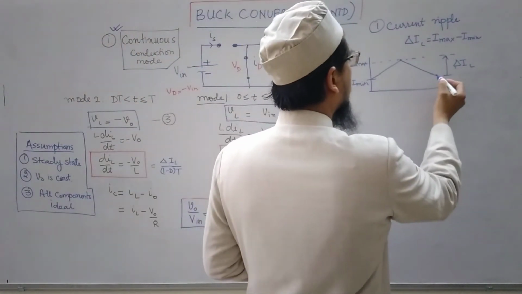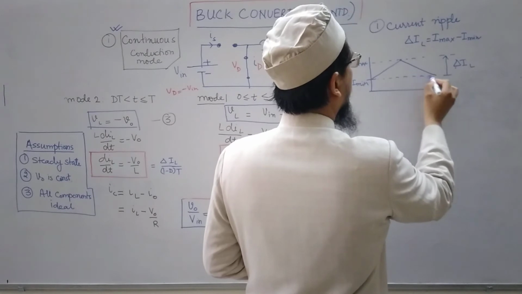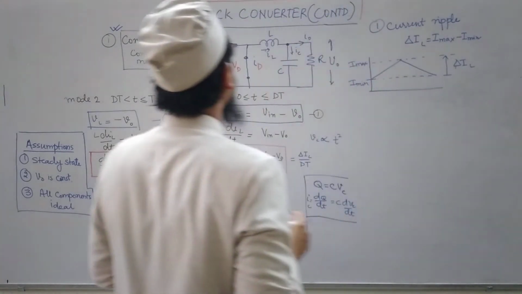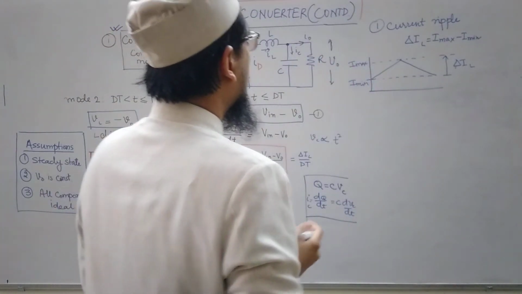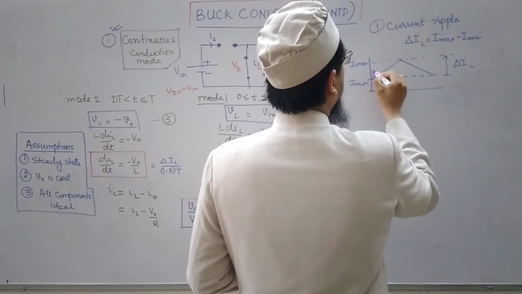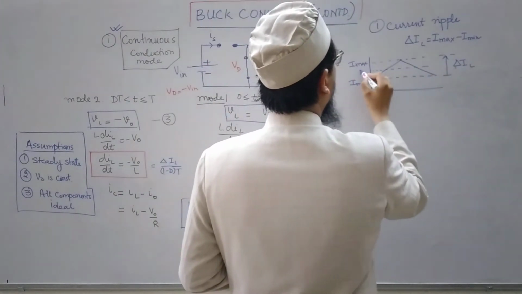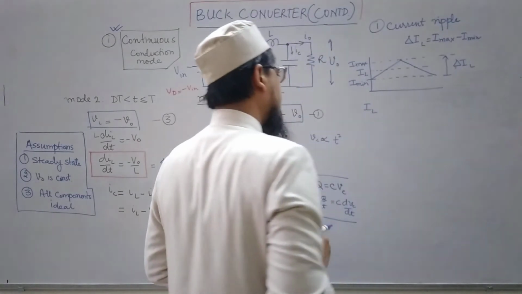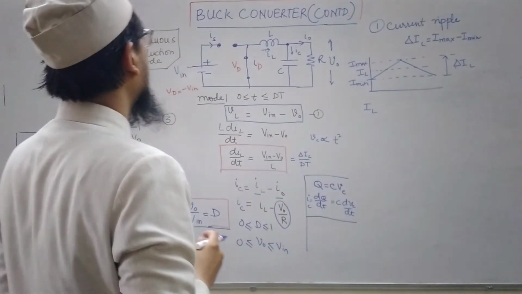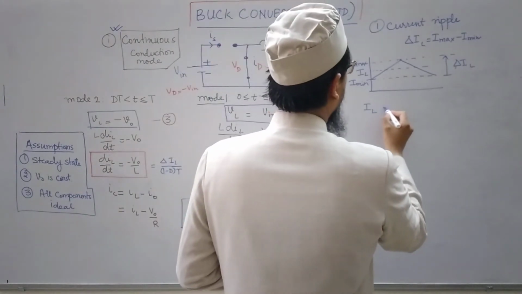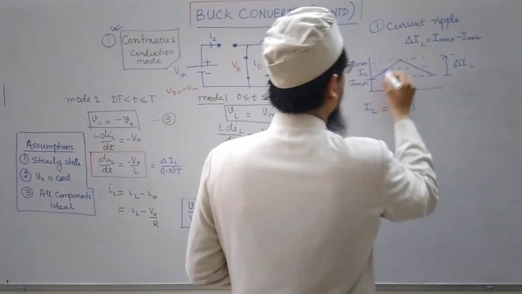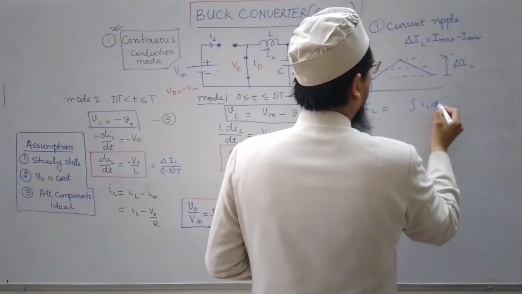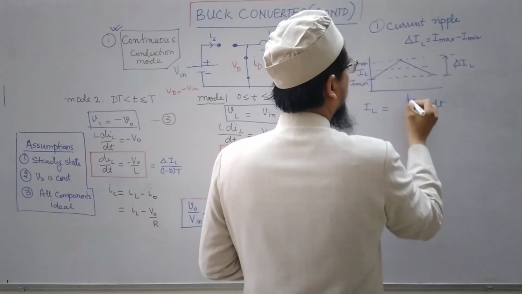Okay. So first of all, let us try to find out the average value of the inductor current, IL. Capital IL is the average value of the inductor current, and this is equal to integration of IL dt from 0 to a complete cycle.